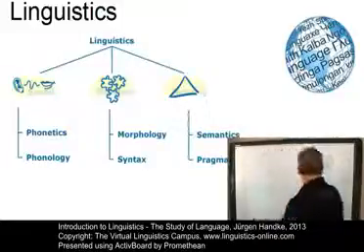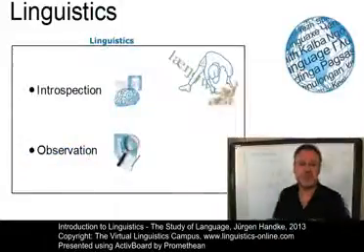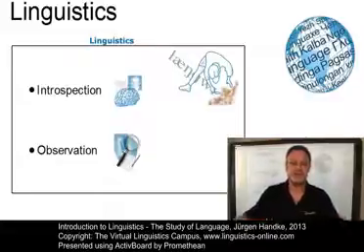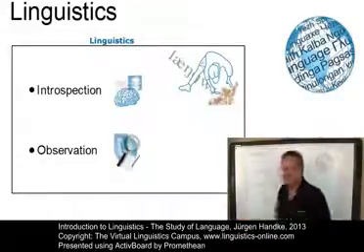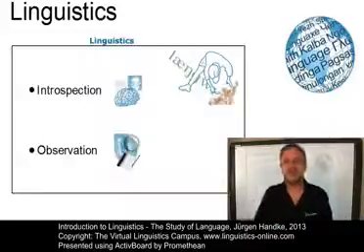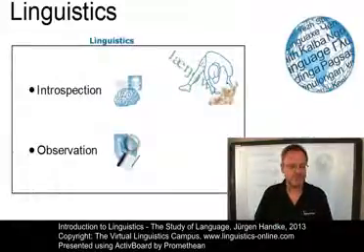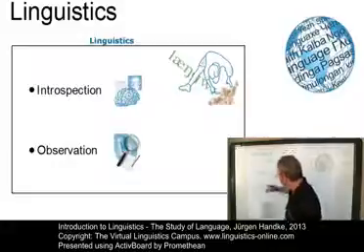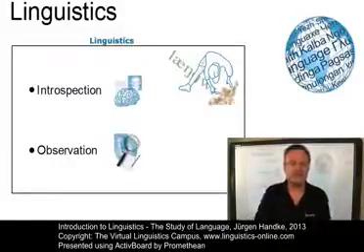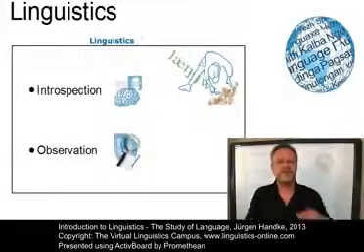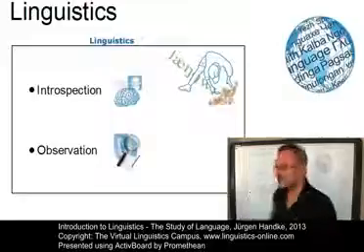And there are two approaches as to how languages can be examined. One is referred to as the introspective approach, that is data collection by means of introspection. The other one concentrates on the observation of real facts. It's the observational approach. Let us look at the introspective view first.